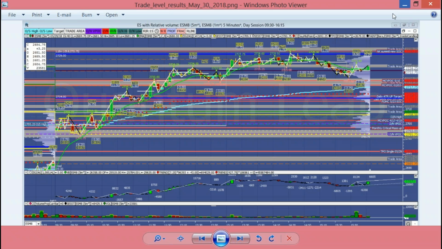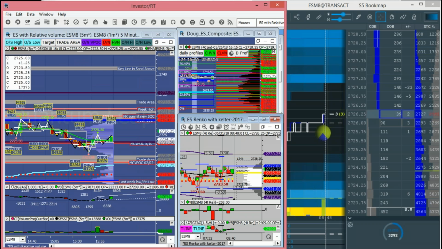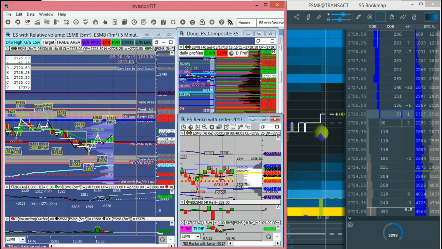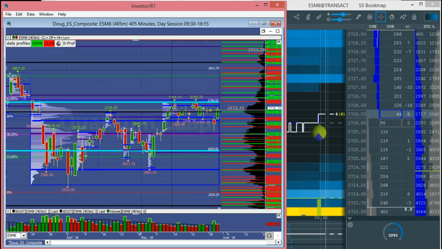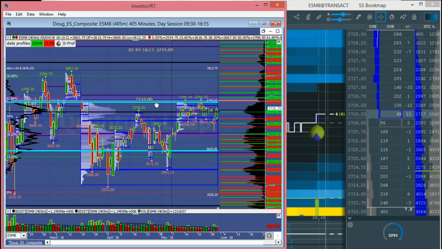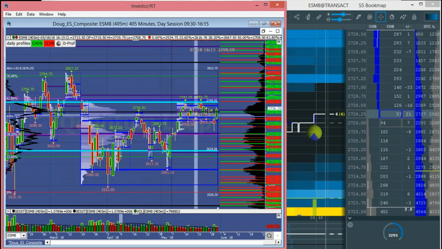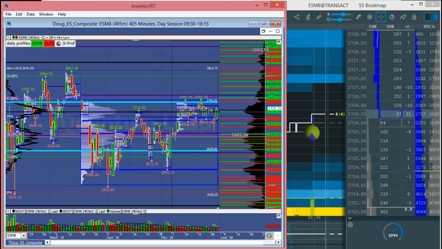Now, value is increasing, and I want to show you this right here. The value area on the longer time frame shifted.